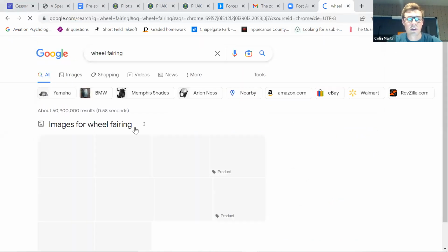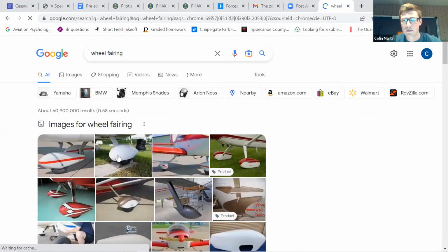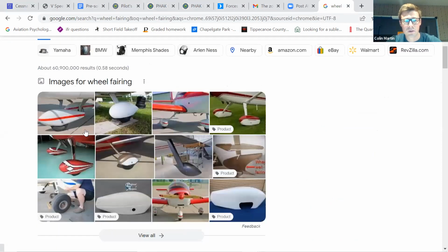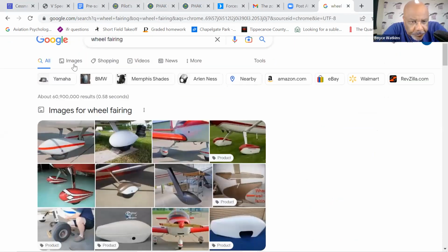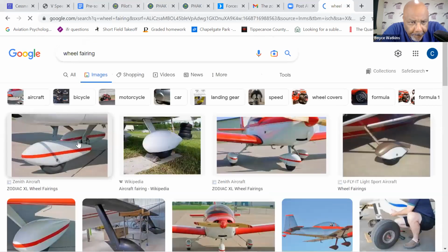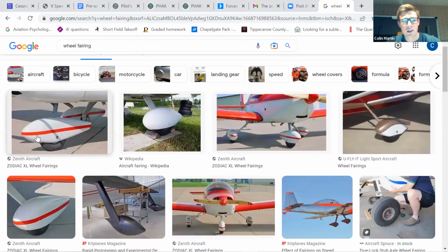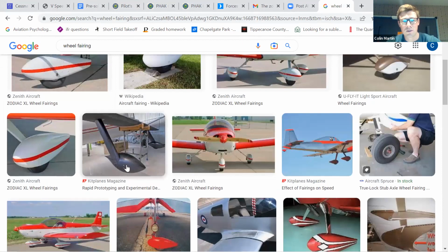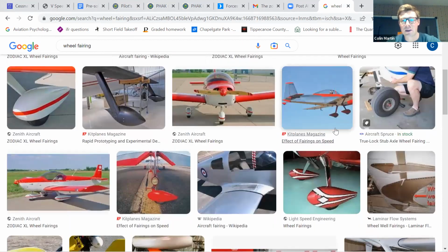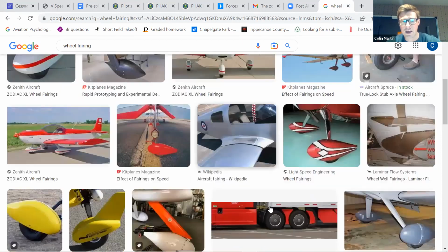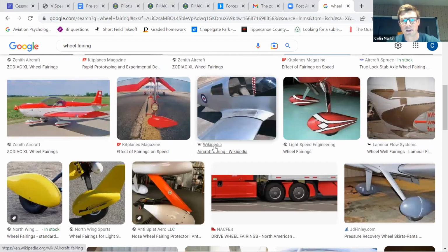Can you see my Google search? Yep. There are these things called wheel fairings, and they look like these. They're just little aerodynamic casings for airplanes' wheels. They're a lot more aerodynamic than just having that wheel fly through the air like we do. Okay.